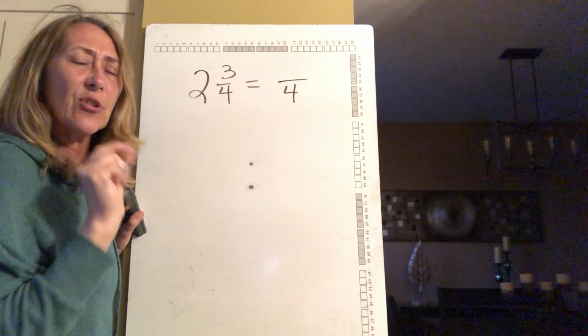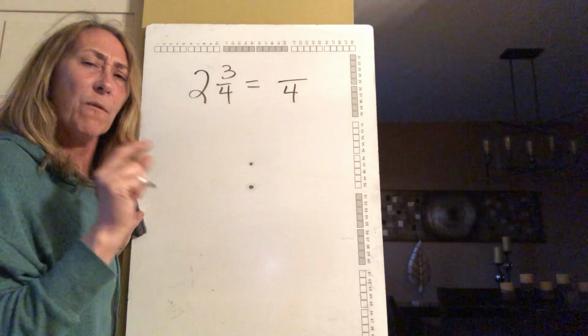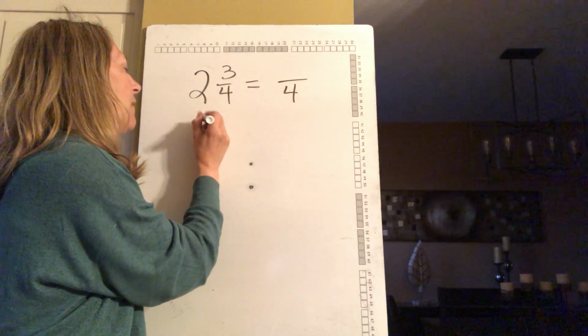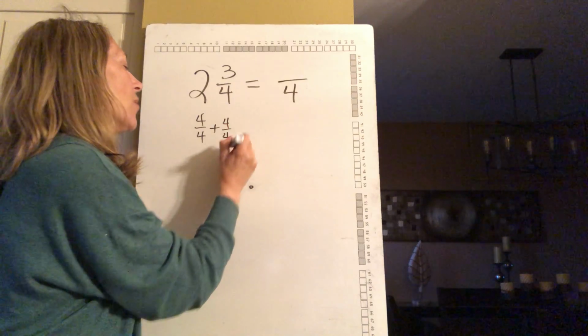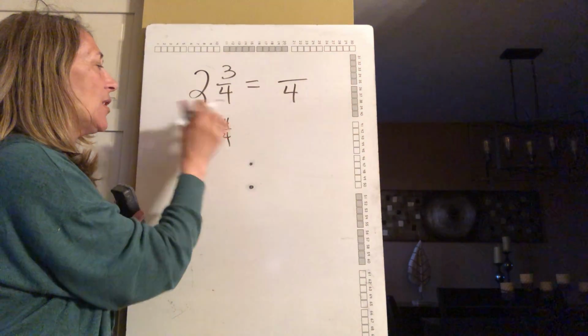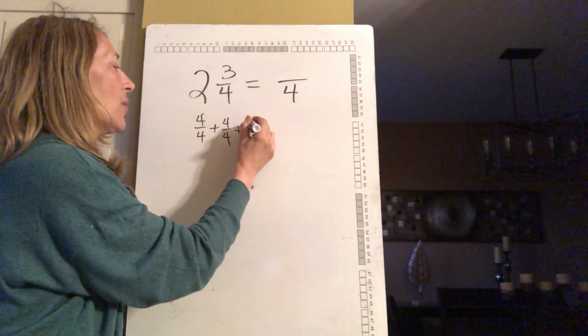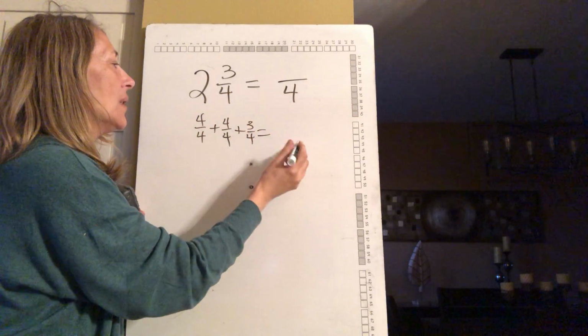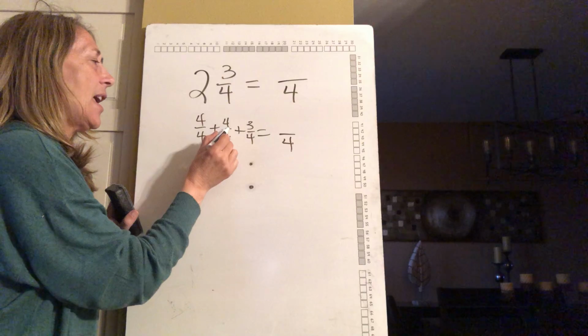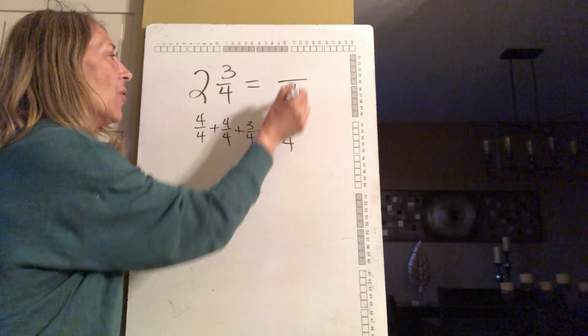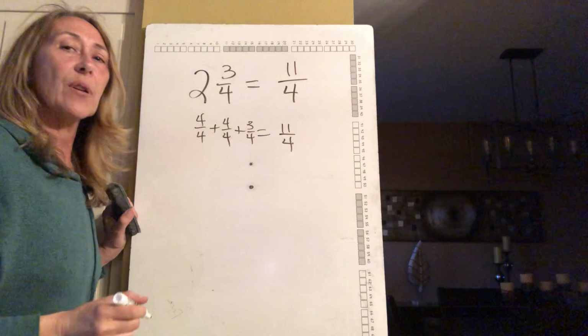Remember, my numerator and denominator are the same. So 4/4 is 1 whole. So it would be 4/4, which is 1, plus another 4/4. So that's 2. There's my 2, plus my 3/4 equals, my bottom denominator stays the same. I have 4, 8, 11/4 equals 11/4.